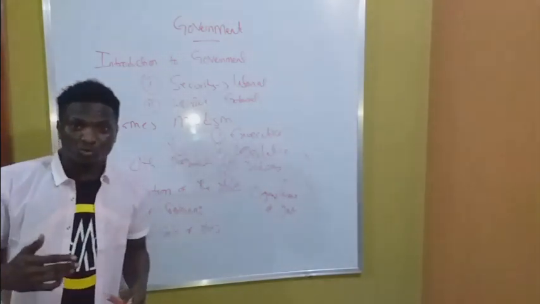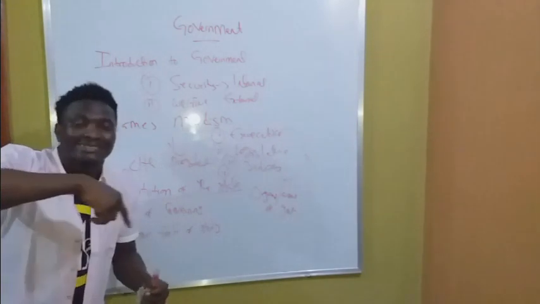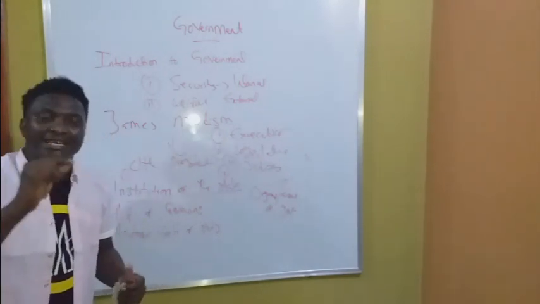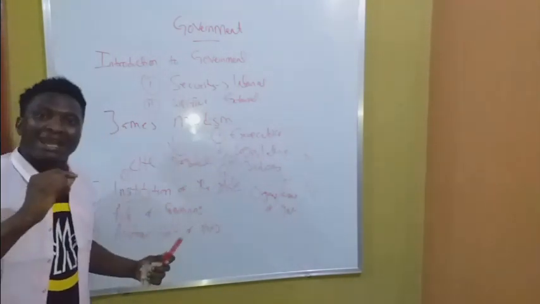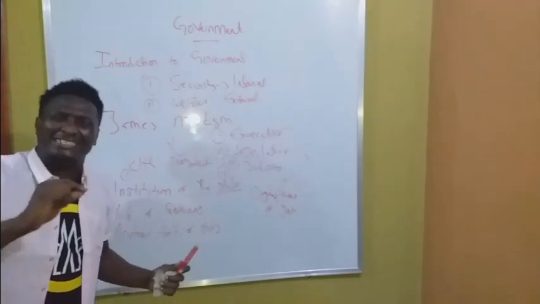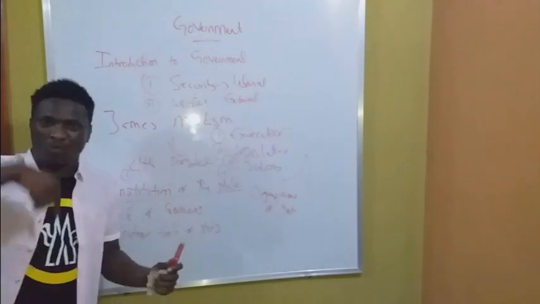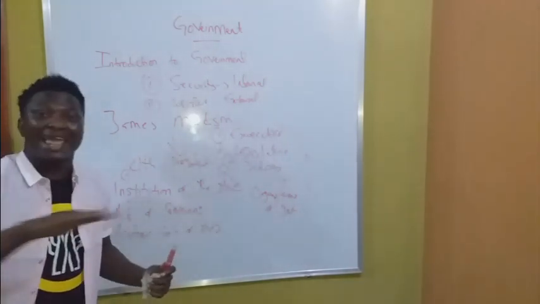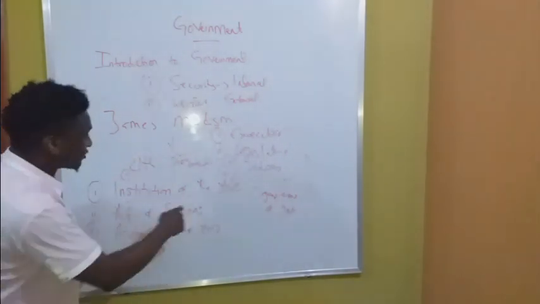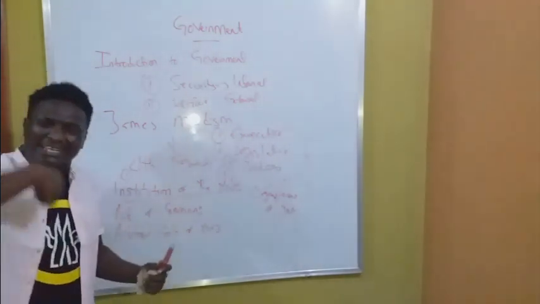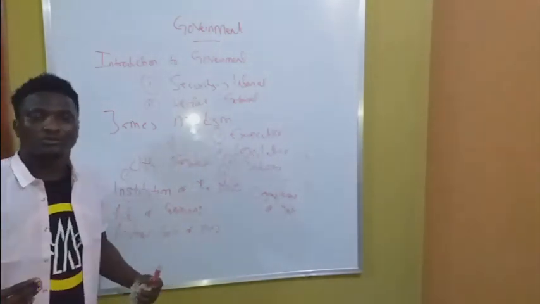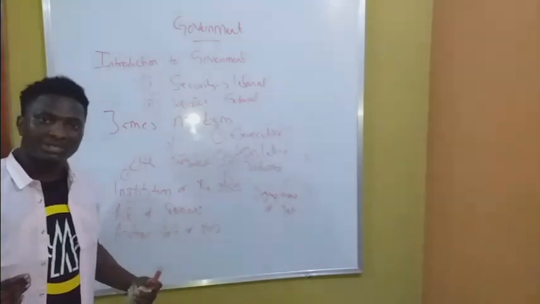It is important to note that as far as a state is concerned, the government has the highest powers of that state, and it is not under the influence or the control of any other state. Government as an act of governing simply means government is vested with the supreme power of the state. I'll say that again.